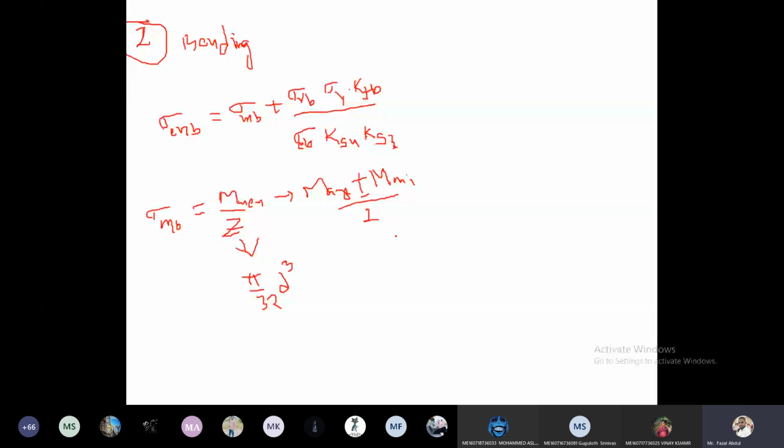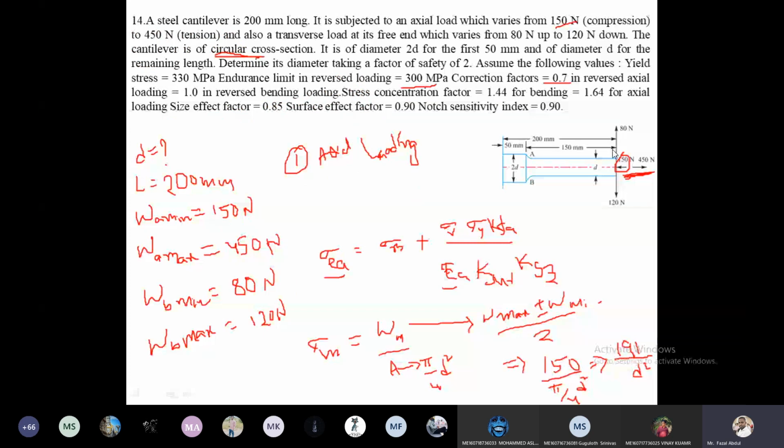Because this is the cantilever beam, tell me the bending moment equation when it is subjected to a point load at the free end. What is the bending moment equation?